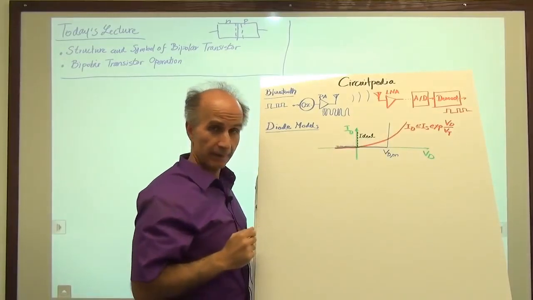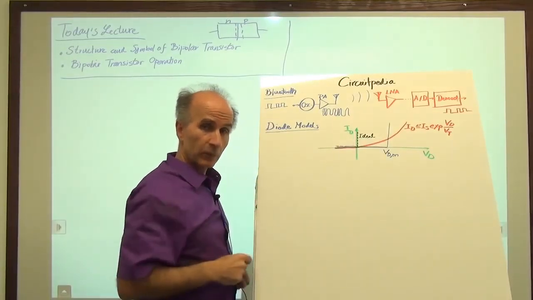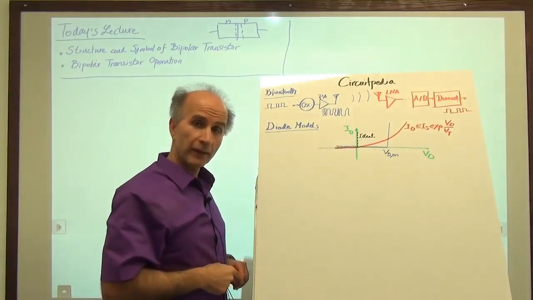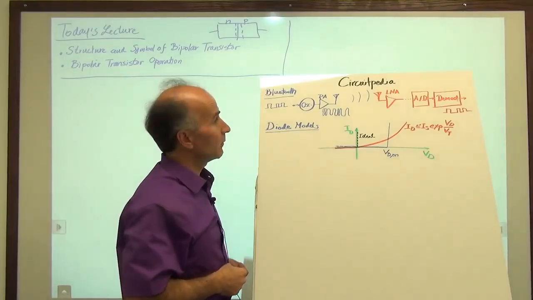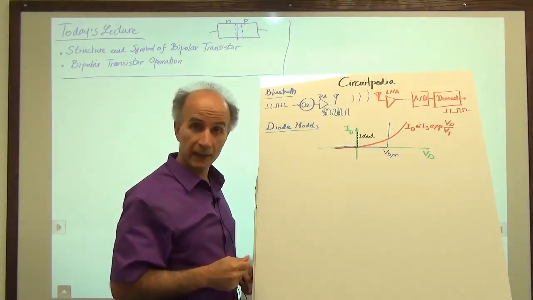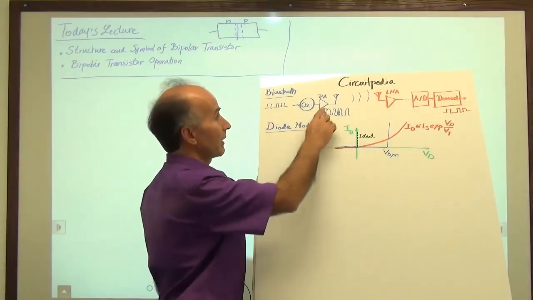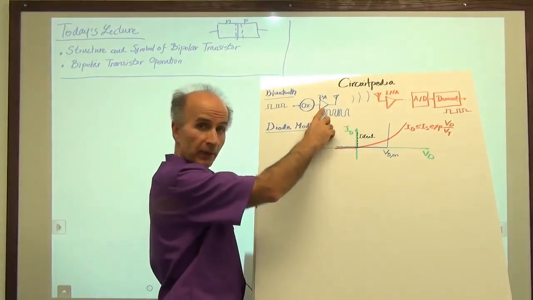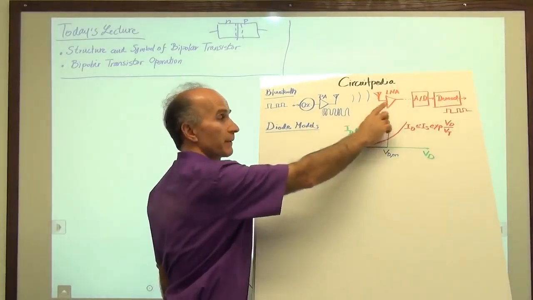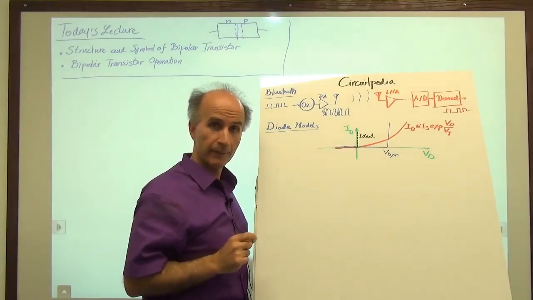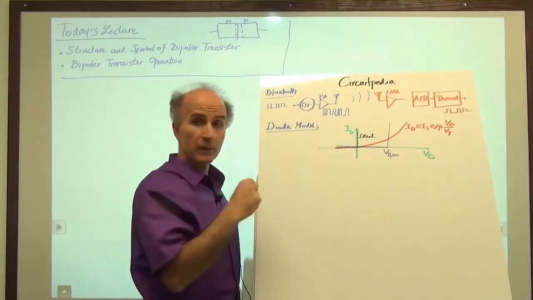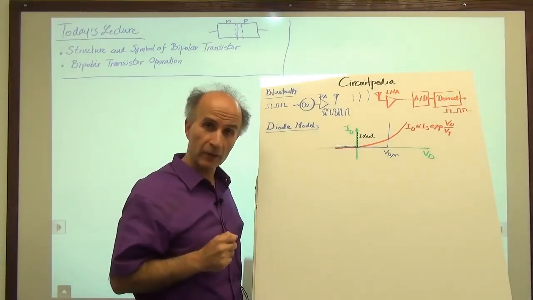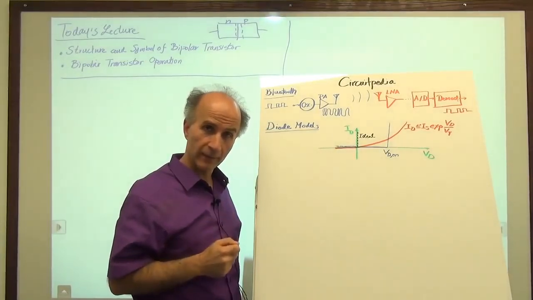Now if you look at what we have here, we can actually identify several places where we have amplification. Power amplifiers have amplification. Low noise amplifiers have amplification. In fact, oscillators also require amplification before they can oscillate.